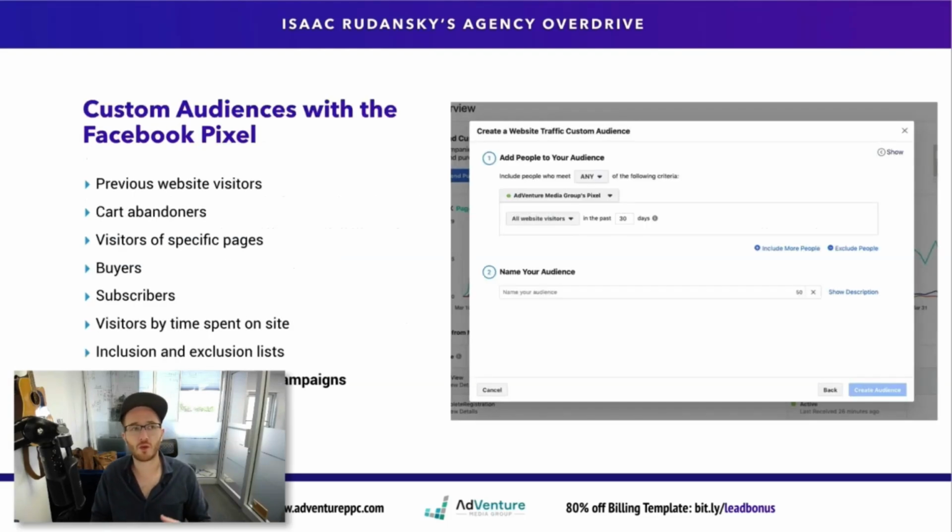So there's a few important things that you could do once you start building an audience, a total population, using your Facebook pixel. The first, or I guess the most popular thing people will do, is create custom audiences with the Facebook pixel. And that will allow you to target those audiences in campaigns. Just think of custom audiences as slices of your population based on certain criteria.